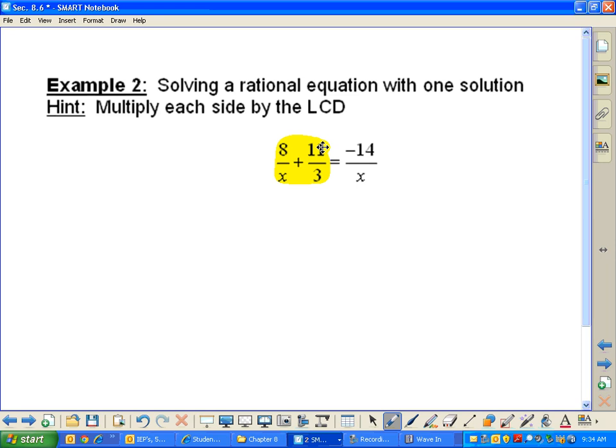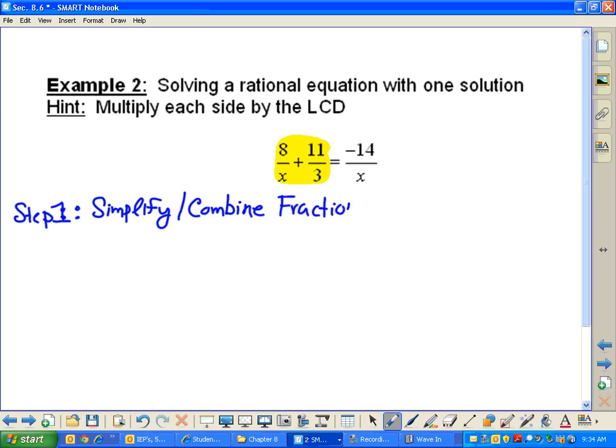So before I teach you the LCD method tomorrow, I wanted to show you this. In step 1 of this particular method, you would simplify, or maybe we call it combine, any fractions that are already in the problem.